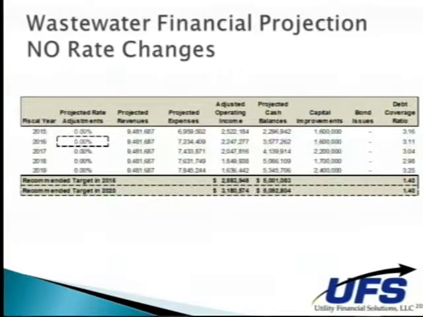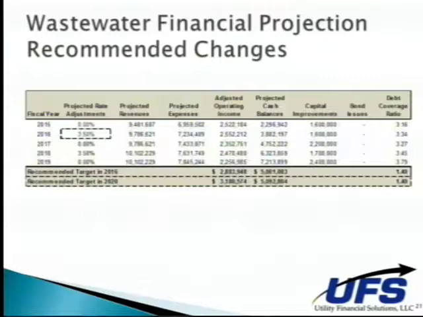Let's look at page 11. This is the wastewater department, page 11, table 1. In order to keep that utility healthy, I'm trying to give small incremental increases every other year, staggering the increases between the utilities. And you're going to see a table summary at the end of our recommendations.